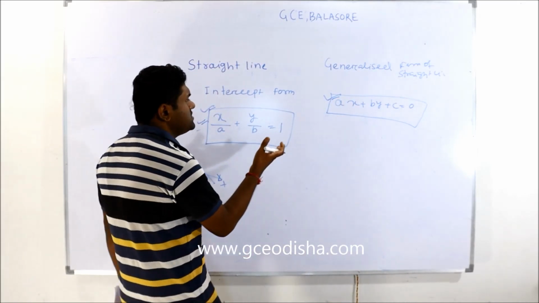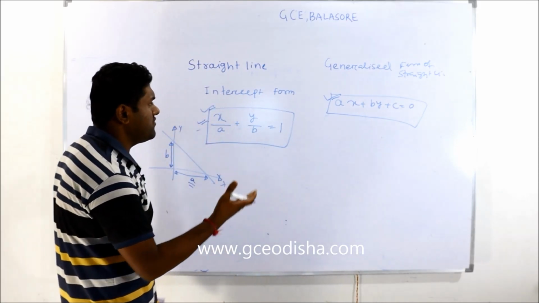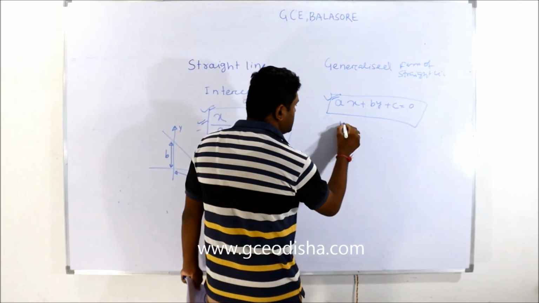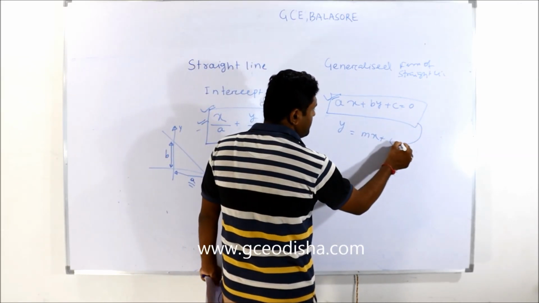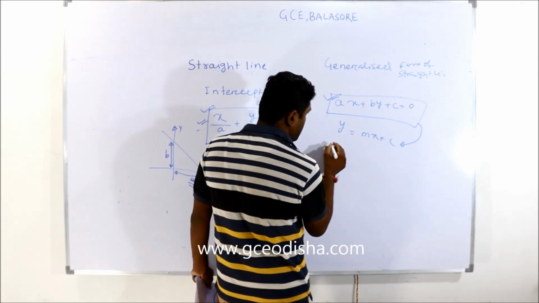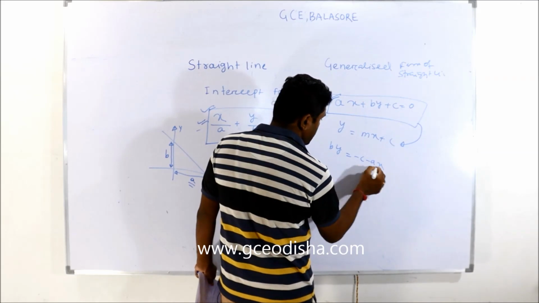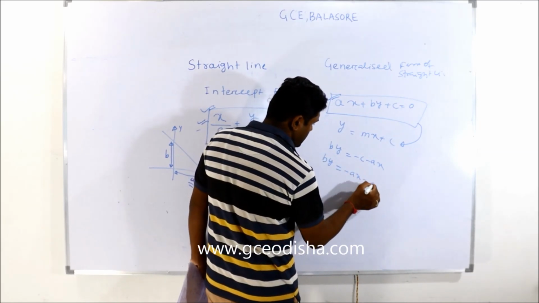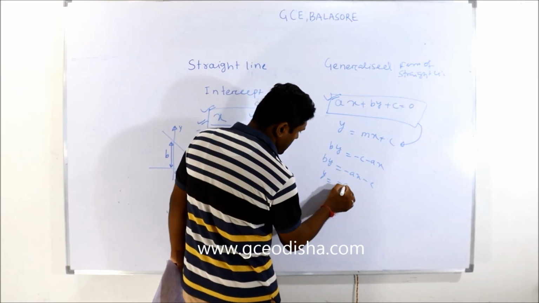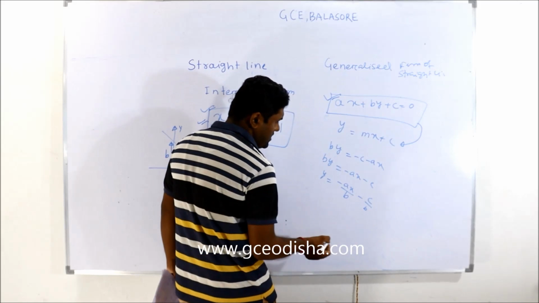You can convert the general form to any form, intercept form or other forms. If y is equal to mx plus c, then how can you convert the general form to this form? by is equal to minus ax minus c, so y is equal to minus a by b x minus c by b, right?